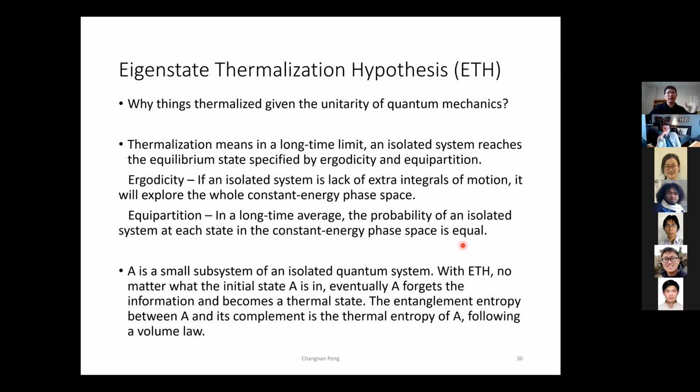But that depends on whether we have non-local conservation laws or even no integrals of motion. If we have local integrals of motion or local conservation laws, then this mixing of different parts in the quantum state doesn't happen. So that violates the eigenstate thermalization hypothesis.